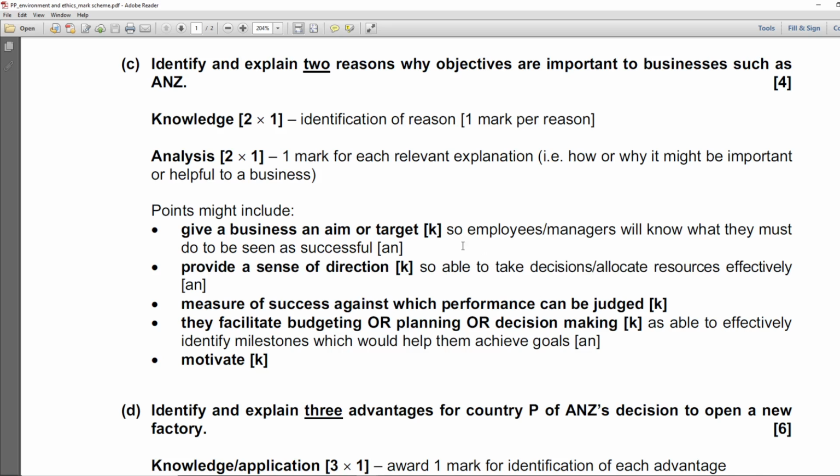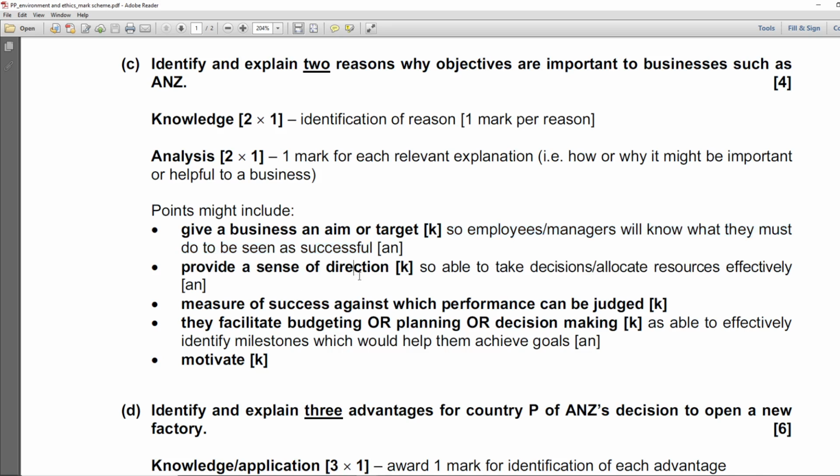You should just focus more on how to explain it. So employees, managers will know what they must do. That makes sense. So that one can apply to the second point as well. If you have a sense of direction, the employees and the managers will know what they must do to be seen as successful, because now we have a direction, so we know what our target is.